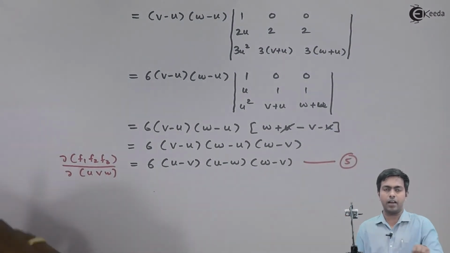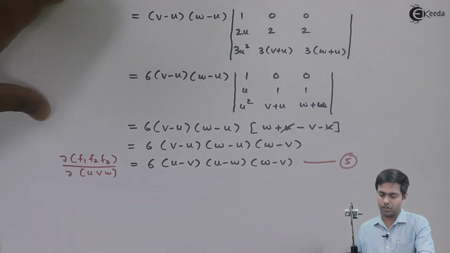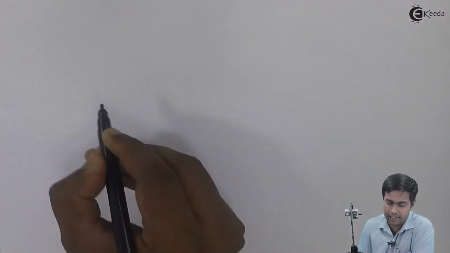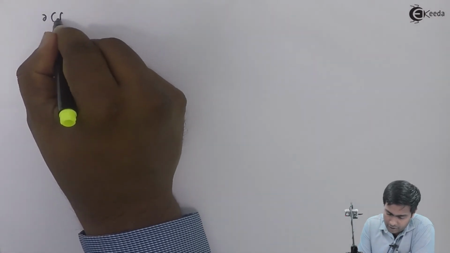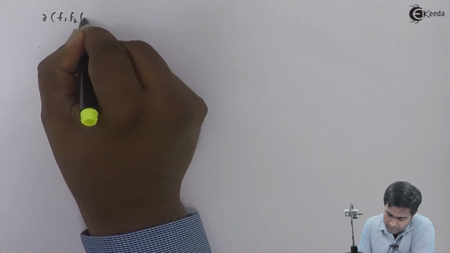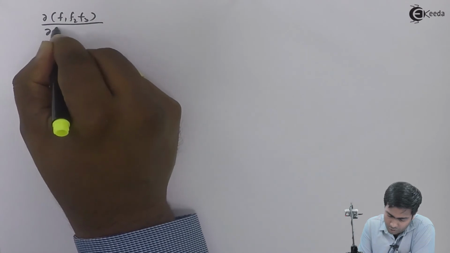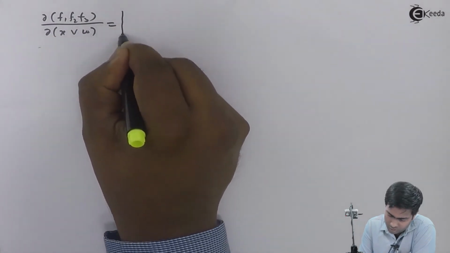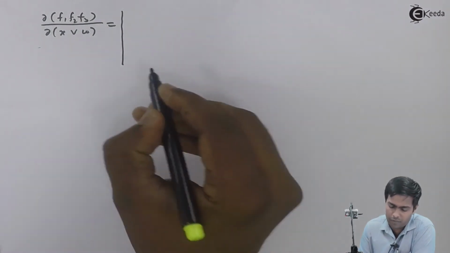Now similarly, I'll find the second Jacobian. So the formula for that is, dou of f1, f2, f3 by dou of x, v, w equal to the determinant of.